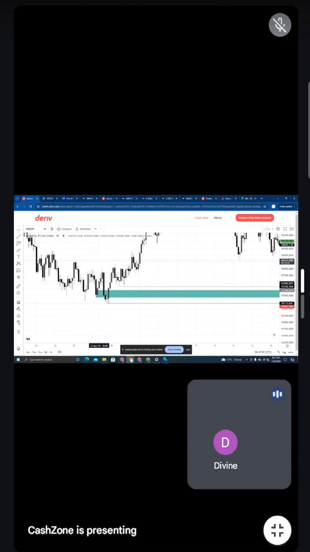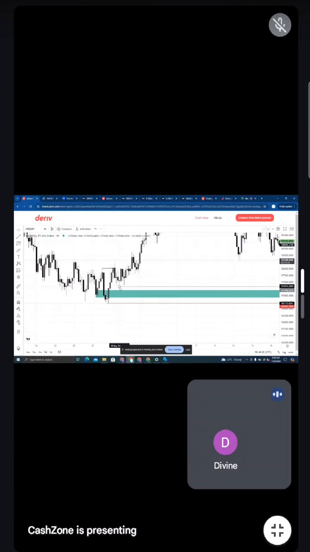It went up again, came down, and took out this previous point here. After it took that out, it went up and broke structure here. It broke structure with a body, not even with a wick, which makes it stronger.